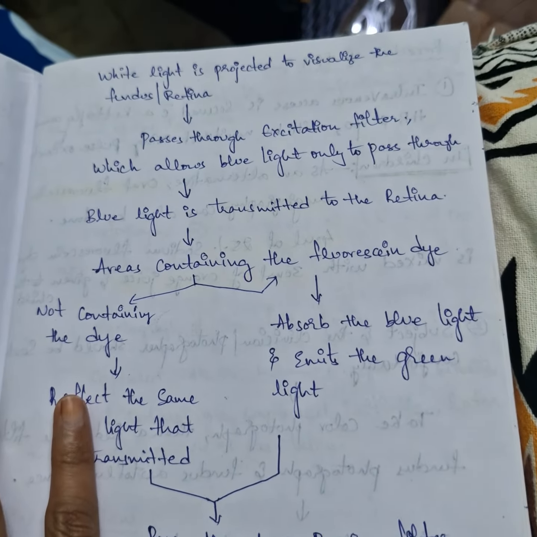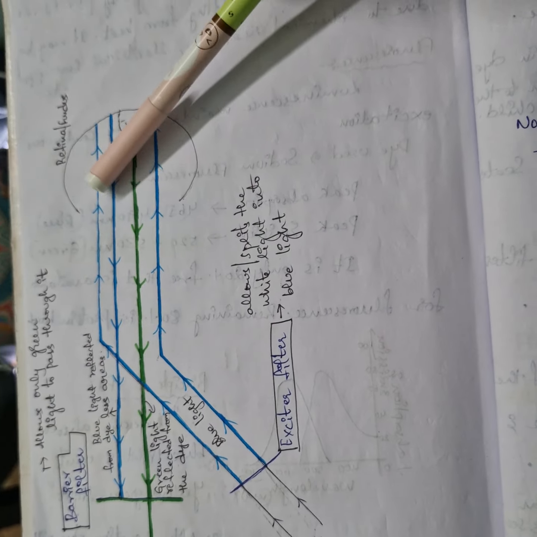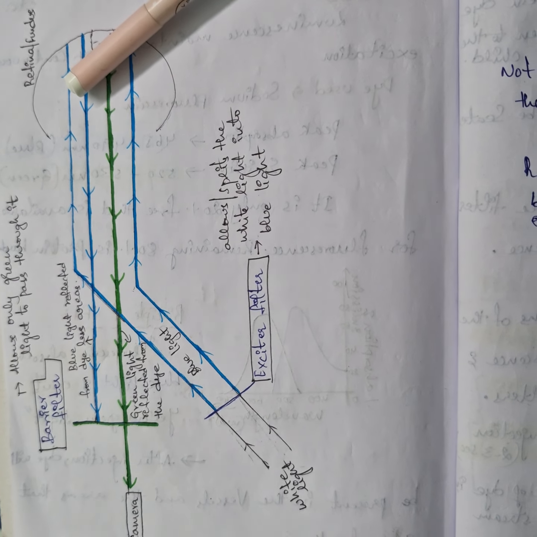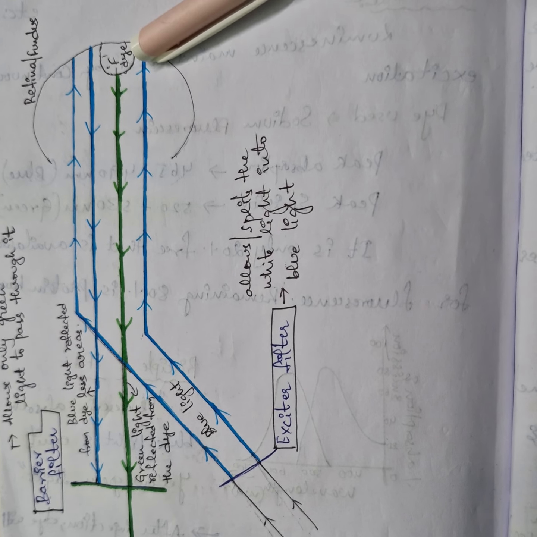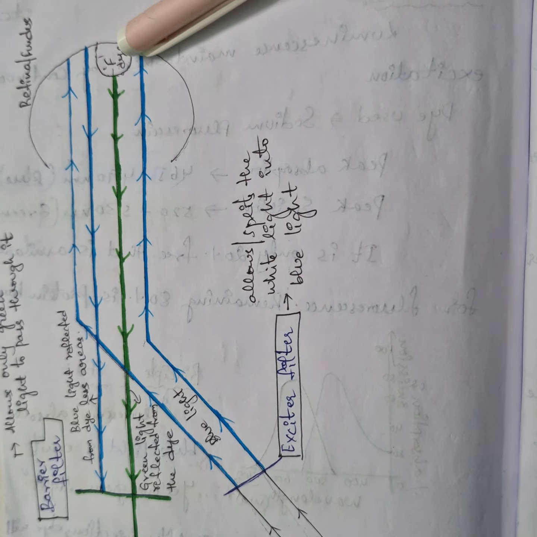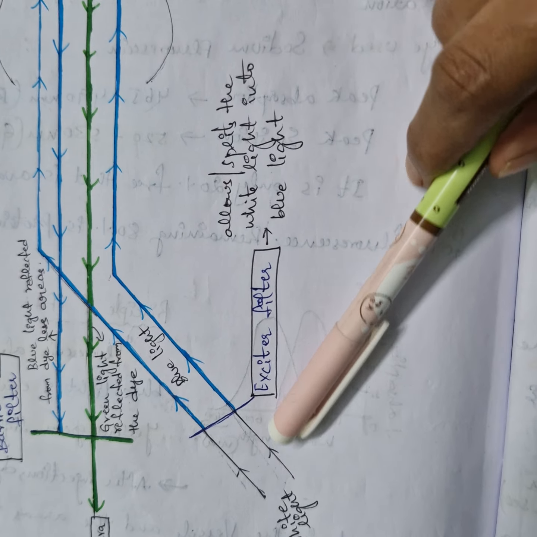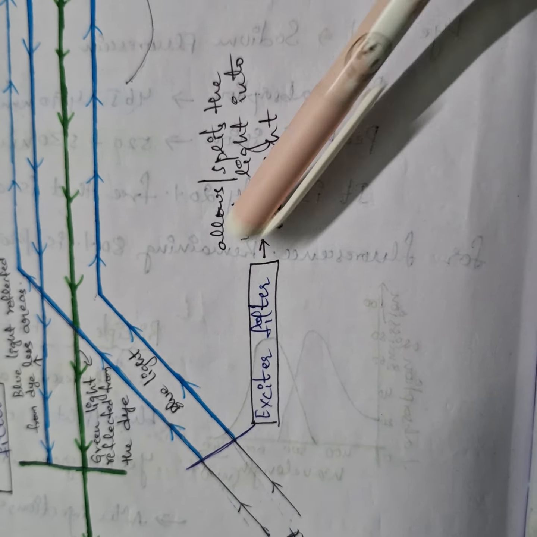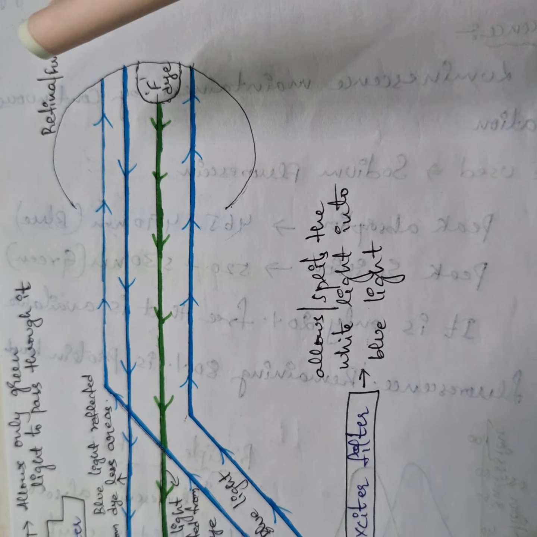If you represent this same thing in the form of a picture, it will look something like this. Consider this as the retina or fundus which we want to see. After injection of dye, consider this area as having the fluorescent dye. When we project white light, it passes through a filter called the excitation filter, which splits this white light into blue light. Only blue light will pass and transmit to this retina or fundus.